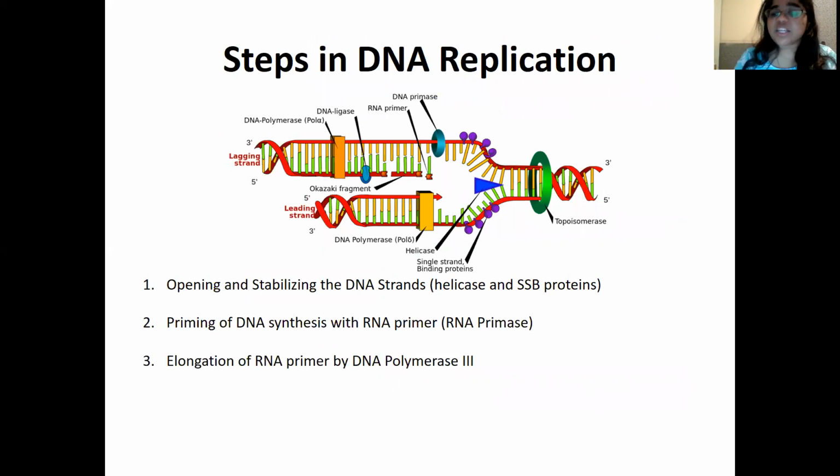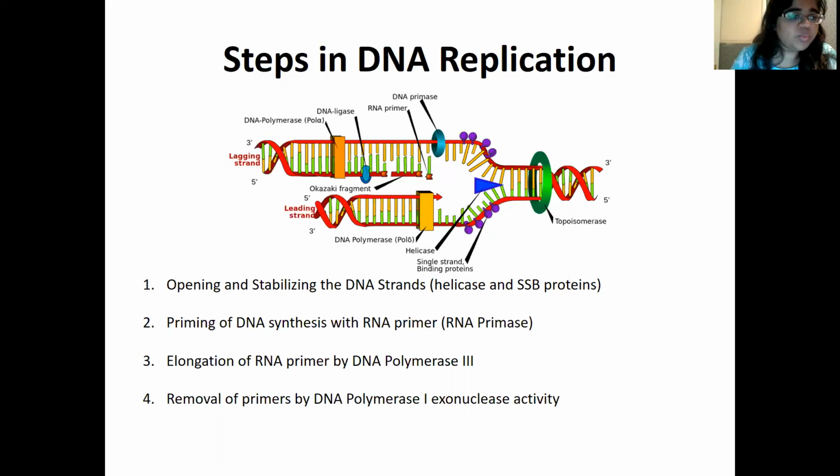Next is elongation, or extension, of the RNA primer using DNA polymerase 3 and these various nucleotide monomers, right? Without the monomers, we can't do anything. And then we remove those primers with DNA polymerase 1 exonuclease activity. Exonuclease is essentially just cutting out and degrading whatever nucleotide is there, okay?